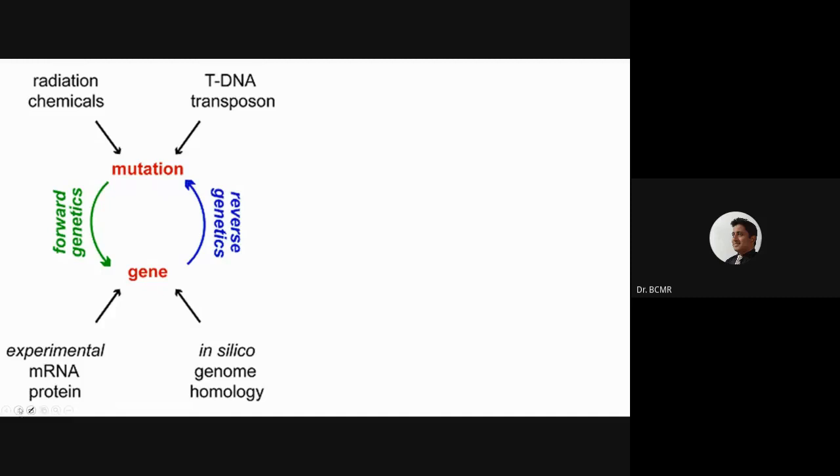So there are several ways of approaching this. In forward genetics, typically we will try to find mutants, and we will see which gene is mutated. We will take an organism and try to generate a mutant.